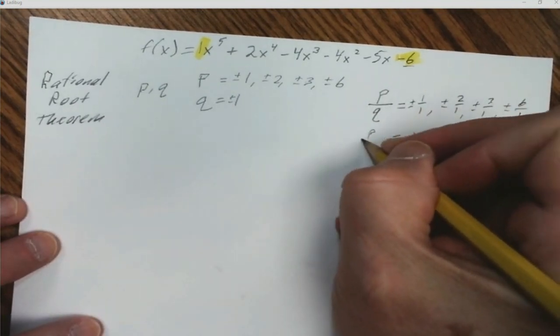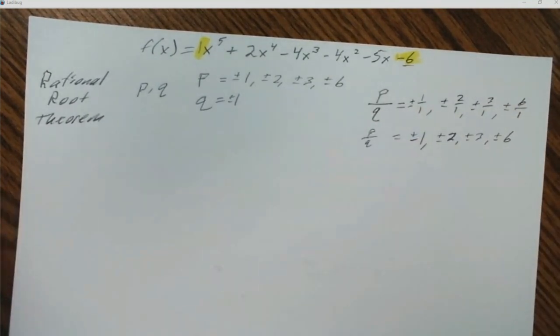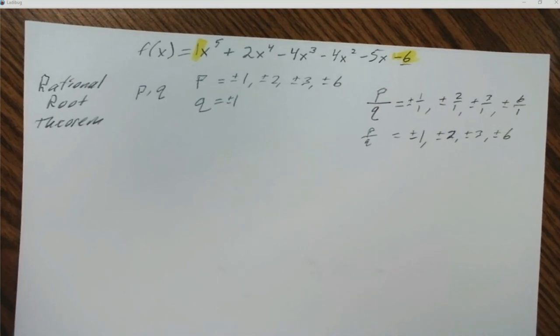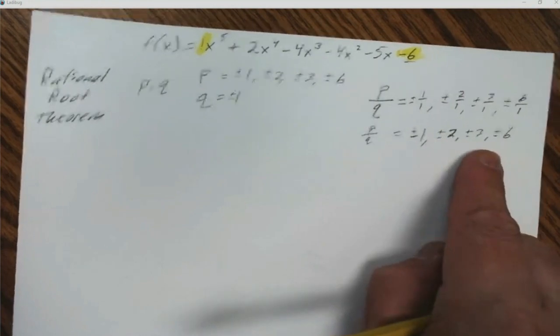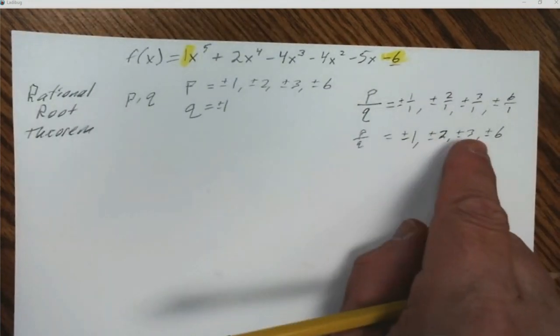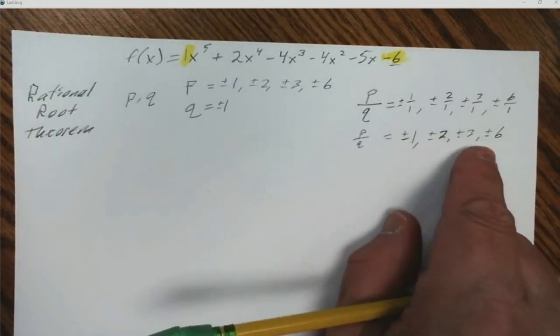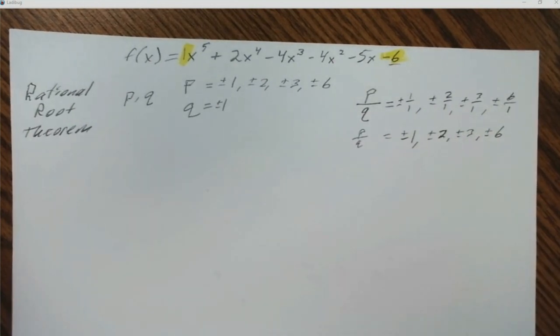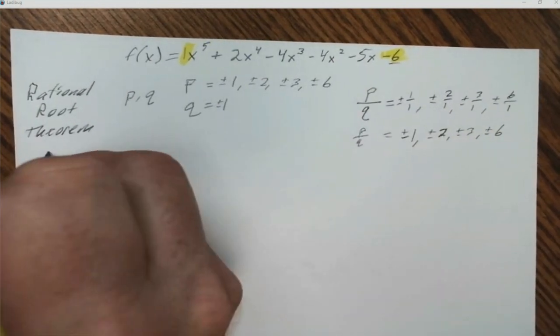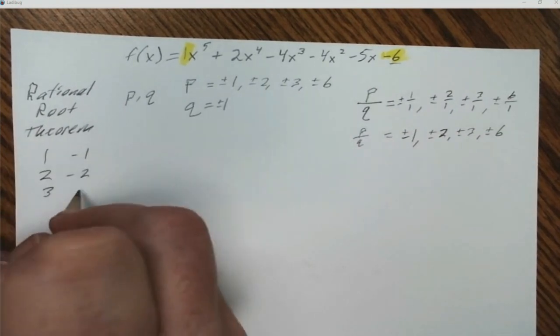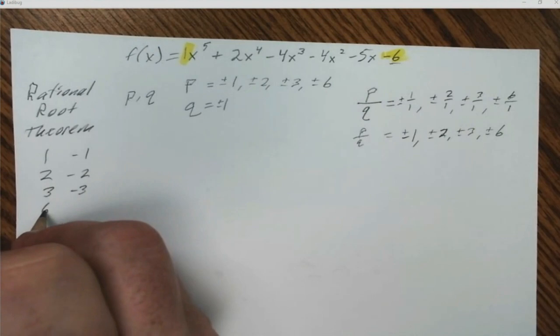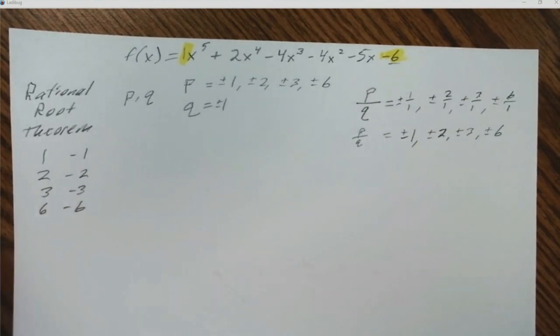All right, I see what you got there, Mr. Brock, but what good does that do us? We've got 8 numbers. We've got 1, 2, 3, 6, -1, -2, -3, -6. I'm going to write them with the positives on one side and negatives on the other side.